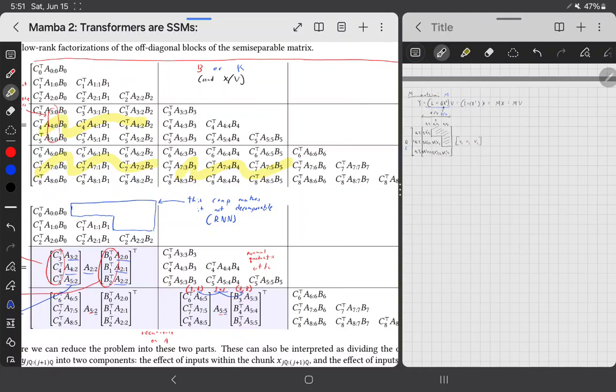But this low rank feature makes it much more efficient to compute in sequential mode than in parallel mode. And this means it's going to be better in terms of memory than computing everything in parallel mode, and faster than everything being computed in sequential RNN mode.